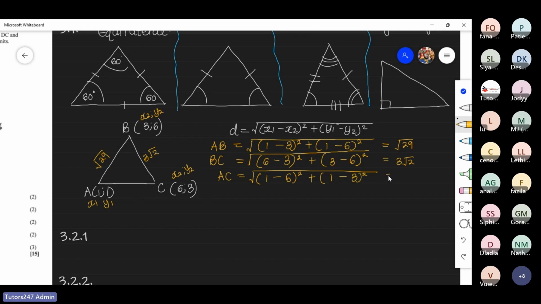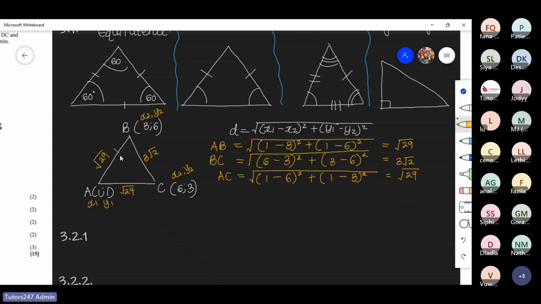Don't forget to square. That is then equal to, so let's put our root sign, 1 minus 6, close the bracket, squared, plus 1 minus 3, close the bracket, squared, and that gives me the root of 29. So this is now the root 29.